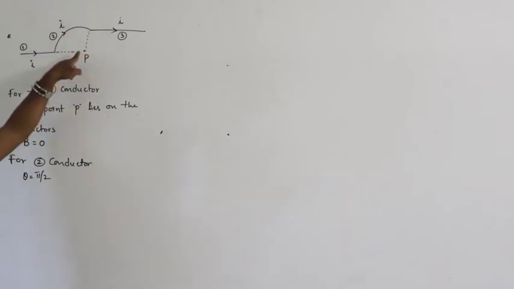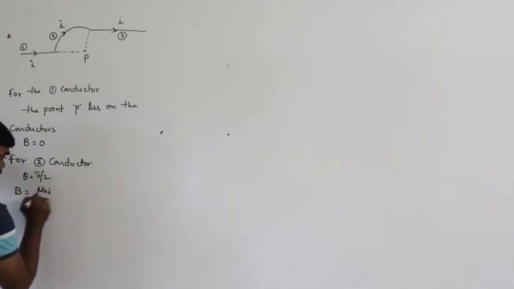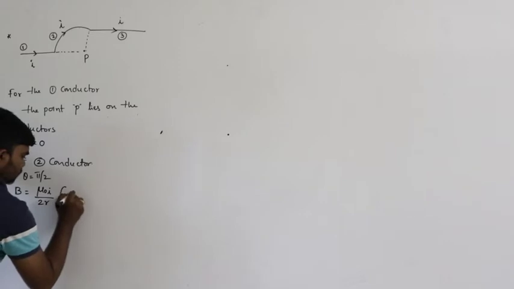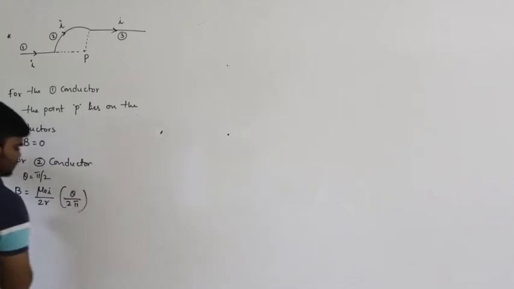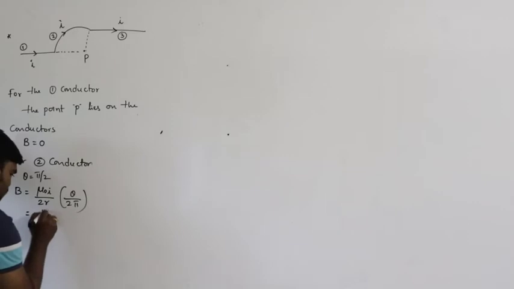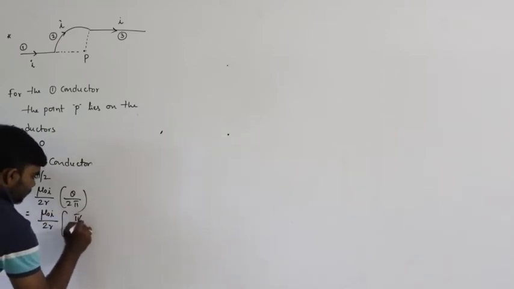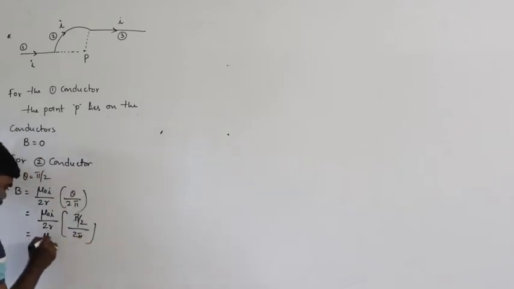So B is equals to mu naught I by 2r into theta by 2 pi, the actual formula for the magnetic field due to the arc subtending angle theta at the center. From this, mu naught I by 2r into theta, which is pi by 2, divided by 2 pi. Pi pi cancel, that is mu naught I by 8r.